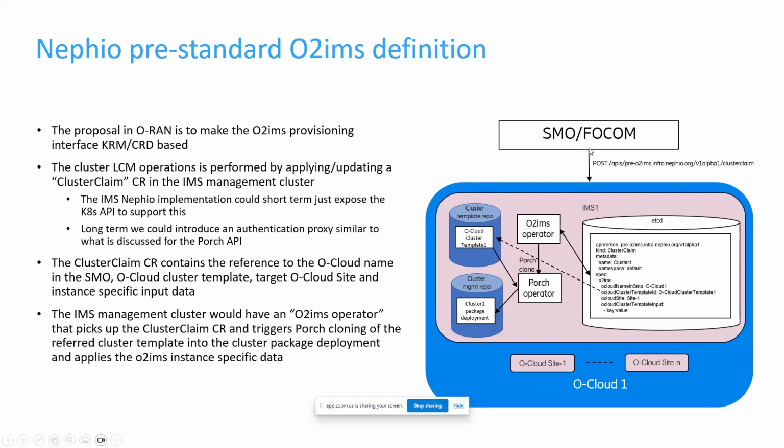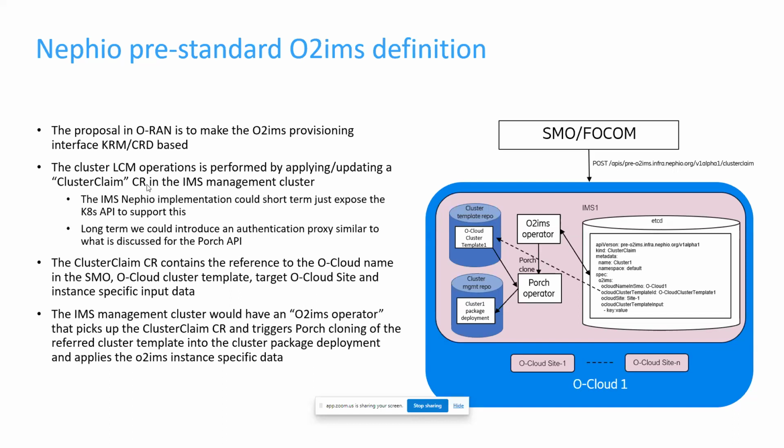What we talked about briefly last week was that we should have an O2IMS provisioning interface that is KRM CRD based, where we have a custom resource we use in order to trigger cluster creation.